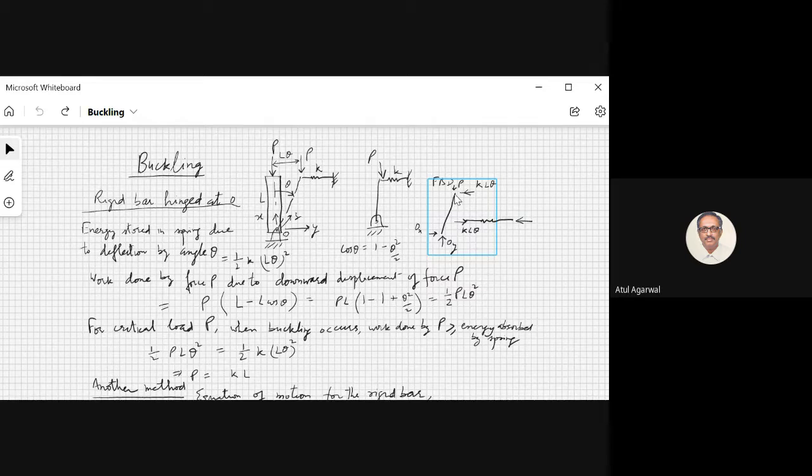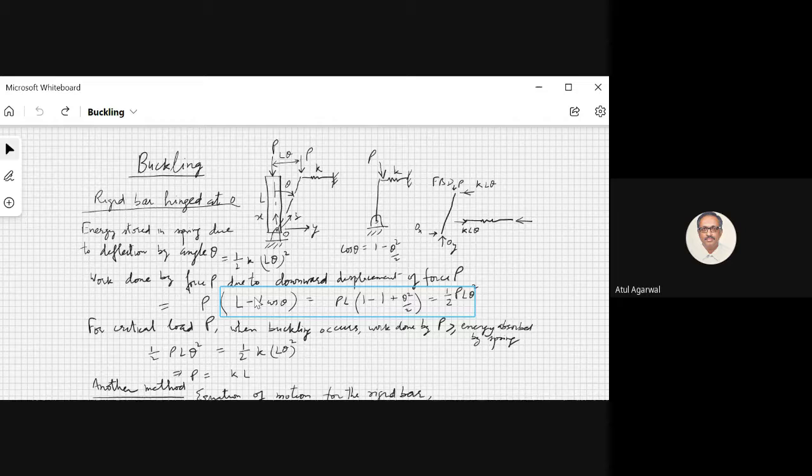The force P moves some distance downwards because the diagonal will be smaller; the length is the same because it is a rigid bar. So it automatically takes a lower vertical position compared to the initial position of the force P.